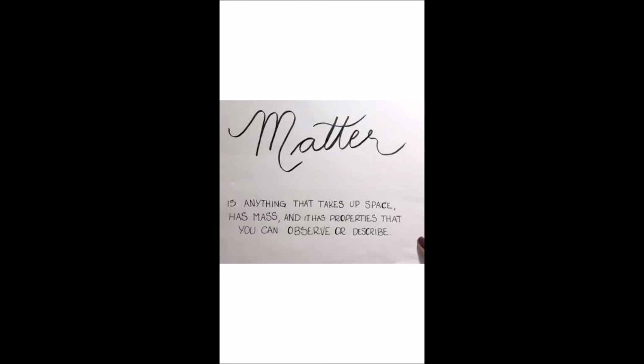So matter is anything that takes up space, has mass, and has properties that you can observe or describe. Matter is made of small particles that when put together, they create a physical object. All of them take up space, have mass, and properties.